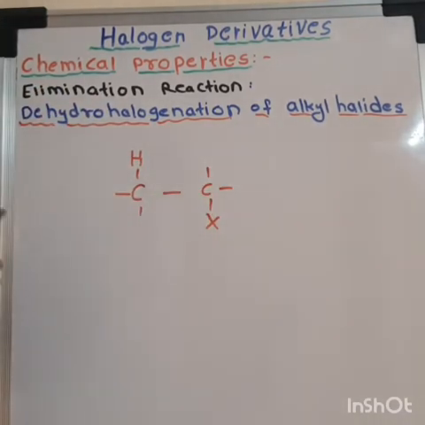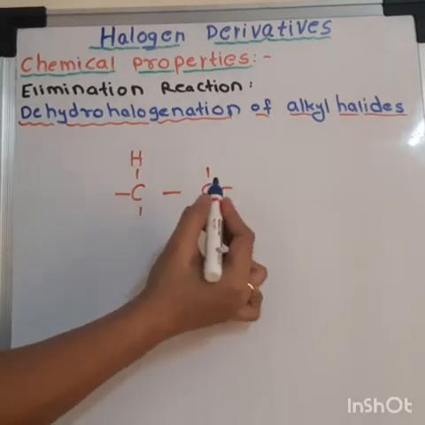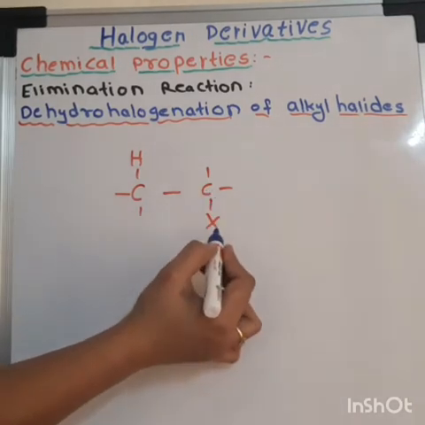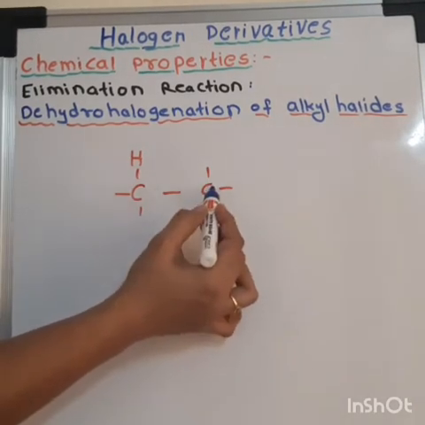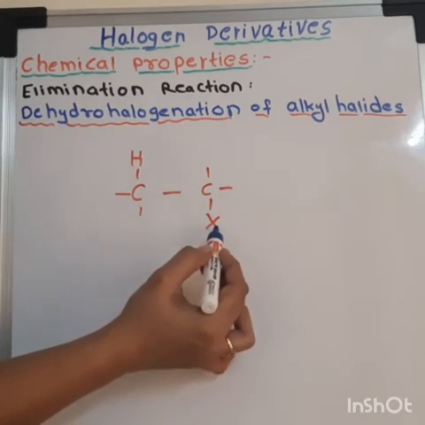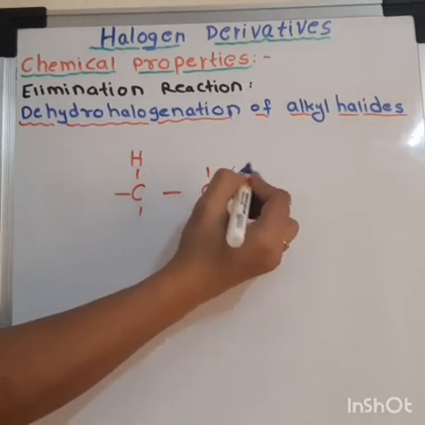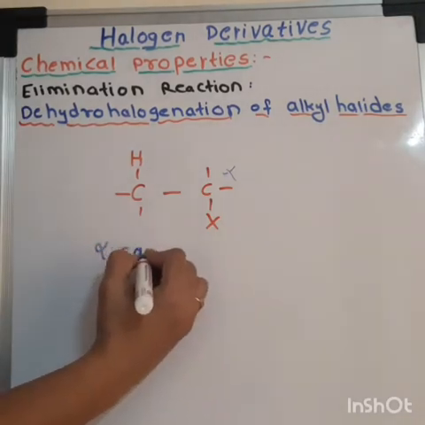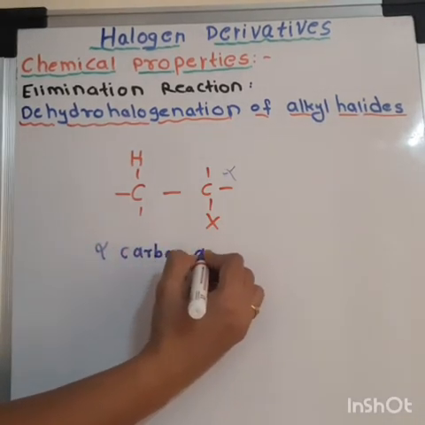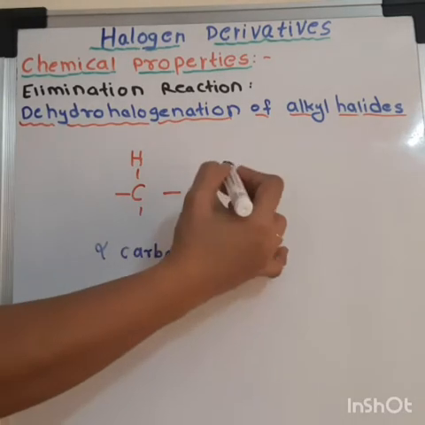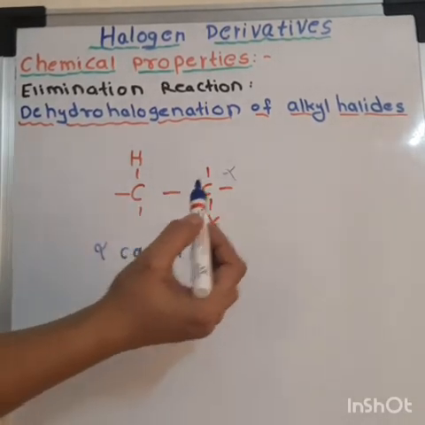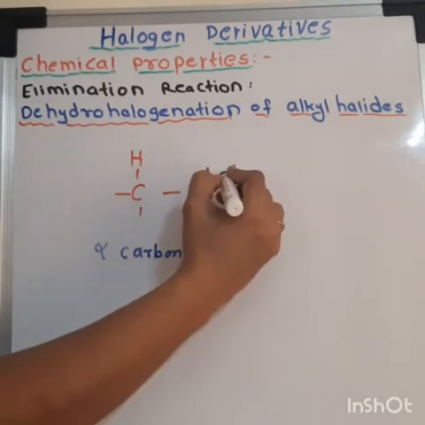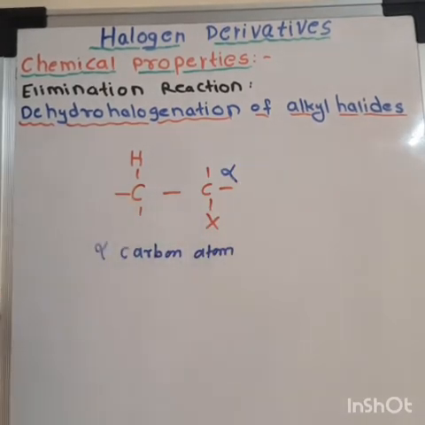And now, what is the important point? The carbon atom bearing the halogen atom, that is the carbon atom which is attached to the halogen atom, is called the alpha carbon atom.